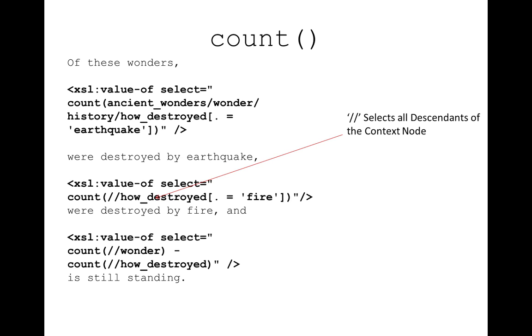So one of the ones we know that was not destroyed would be like the pyramids. They're still standing, or say, for example, the Great Wall of China. I think that's another one. Anyways, anyone that's got a how destroyed node will get subtracted. So say there's 9 of them, and we have 2 of them that are destroyed. It does the math, and it says 7, prints the number 7 is still standing.